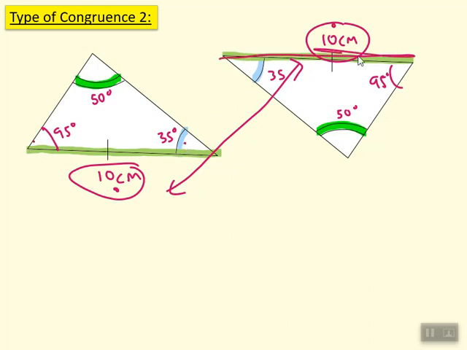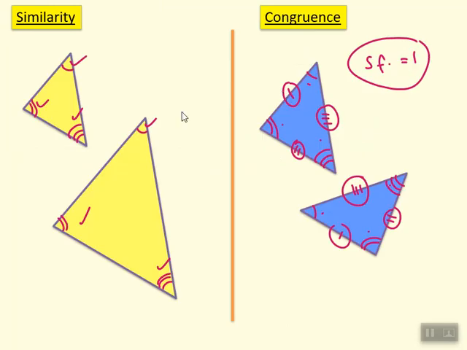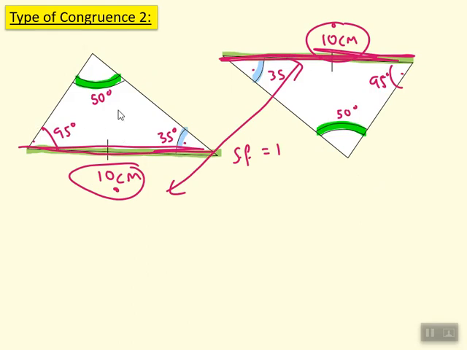Both these angles, they come off the 95 and 35. They both come from the same angle. So the scale factor is 1, therefore all the other sides have got to match each other as well, because you've got this scenario here instead of this scenario here. So if that makes sense, they have to be the same triangle. They can't be anything different.